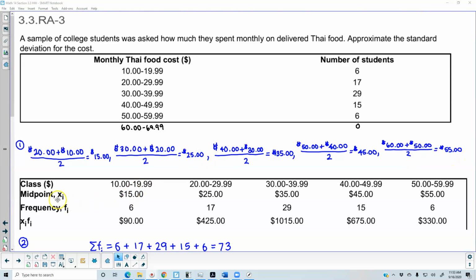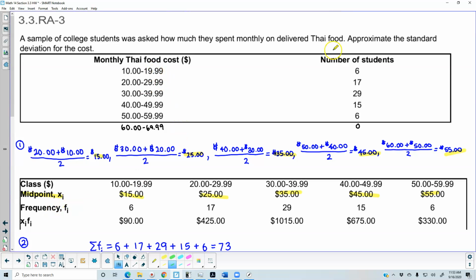So here are your class midpoints. For each class, our midpoints are 15, 25, 35, 45, and then 55.